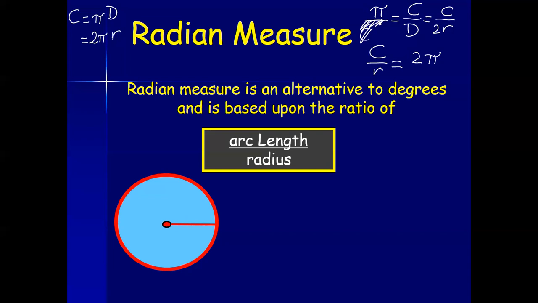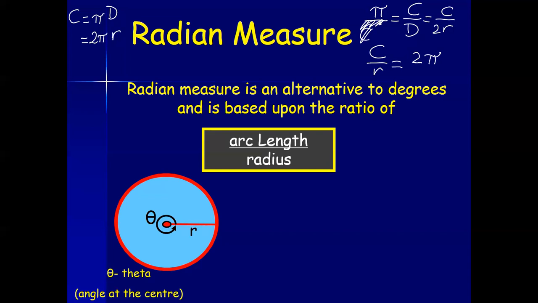But C over R is what we call the full circle. How many degrees is a full circle? 360. So if 360 makes 2 pi, 1 pi will be how much? 180. And that's where it's coming from.